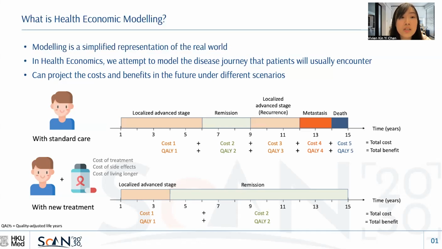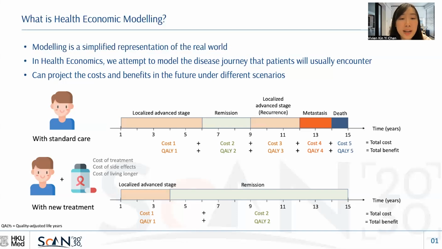And if the patient lives longer but still requires continuous treatment to maintain the effect, then the cumulative cost will go even higher. So that is why we can never conclude the economic value of a treatment easily until we list out all the possible costs and the health benefit in the two scenarios.